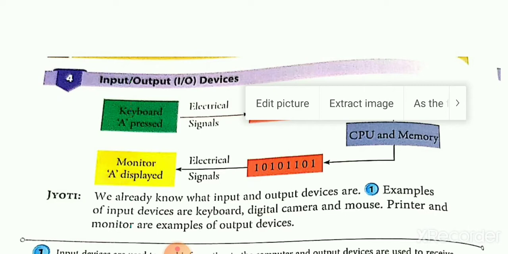CPU is neither an input nor an output device. It takes information from the input devices, processes it and sends the result to the output devices. This is called processing.